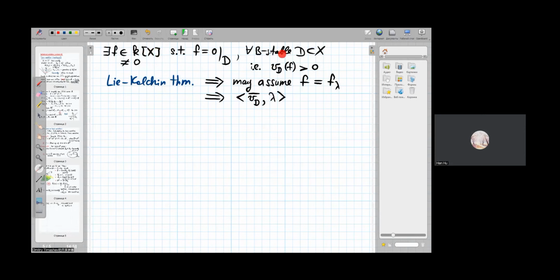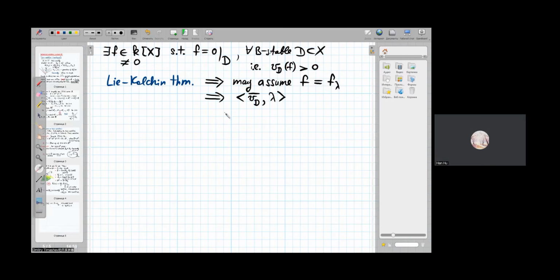And since the divisors are B-stable, this ideal will also be a B-stable subspace in here. And there exists a B-semi-invariant vector, an eigenvector, in this B-stable subspace, in the vanishing ideal of these D's. And this B-semi-invariant vector can be taken for f. It will have positive vanishing orders along all these divisors because it is in the vanishing ideal, and it will be semi-invariant. So we can find a semi-invariant function with this property. Okay?